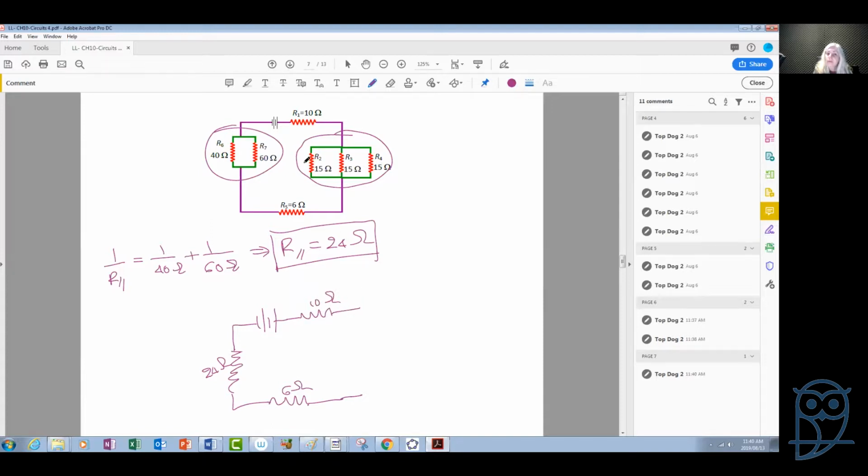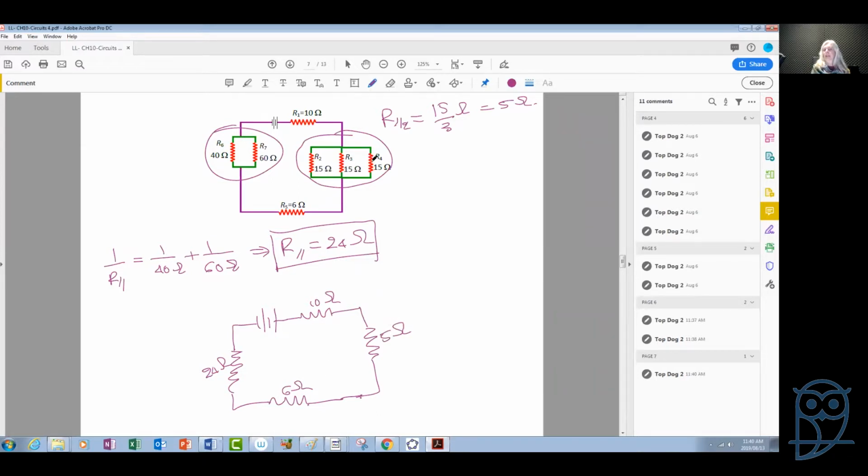And finally, we need to replace this combination here, which is another parallel connection, with its equivalent. Let's call this R parallel 2, say. They are all equal, 15 ohms each, which means the total resistance of this combination is 1/3 of one of them. So it's 15 over 3 ohms, which is 5 ohms. Okay, so this equivalent resistance here is 5 ohms.